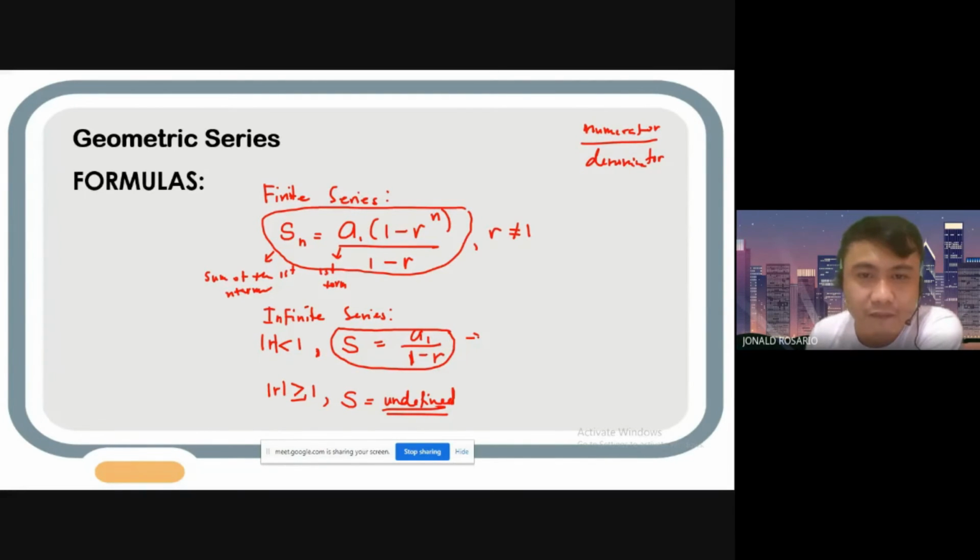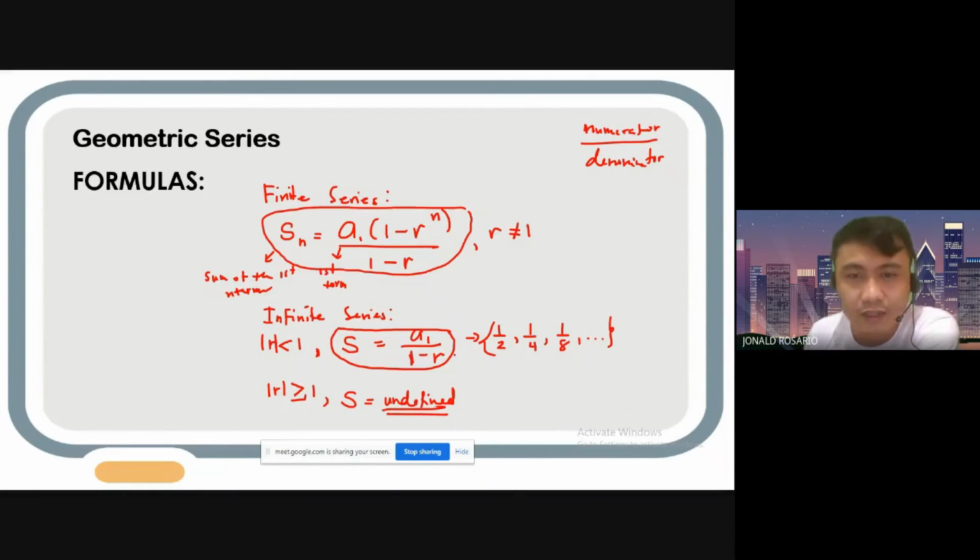Okay, para maunawaan ninyo, ano ba sir yung mga example po niyan? Example ng mga infinite series, you can have 1/2, 'di ba? Pwedeng 1/4, 1/8, and so on. Okay, ang sum nila, kasi infinite nga, gamitin lang natin ang ating formula.